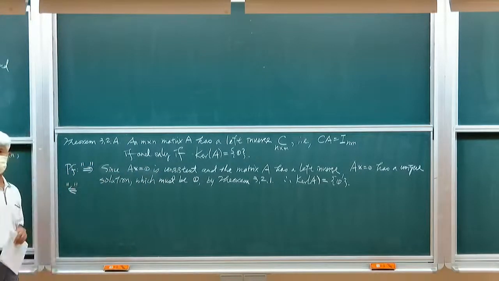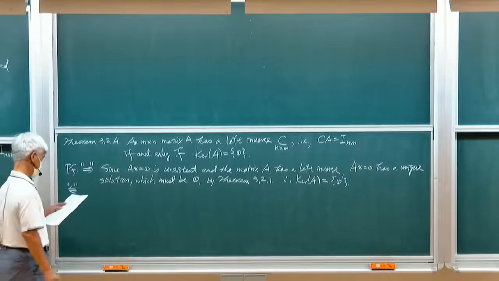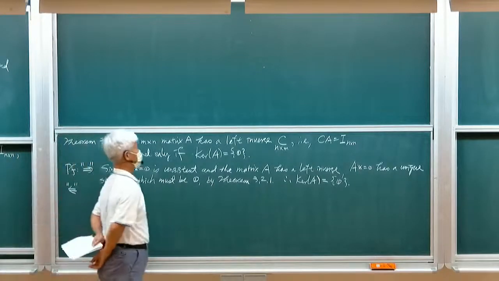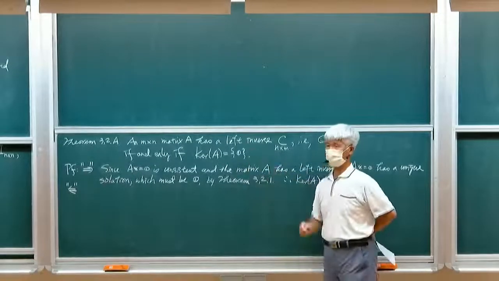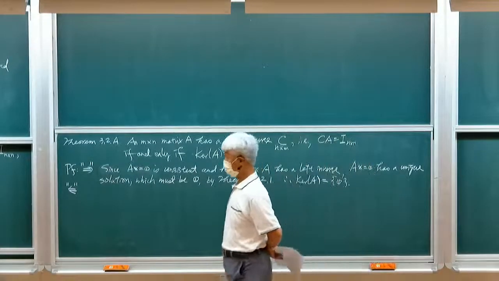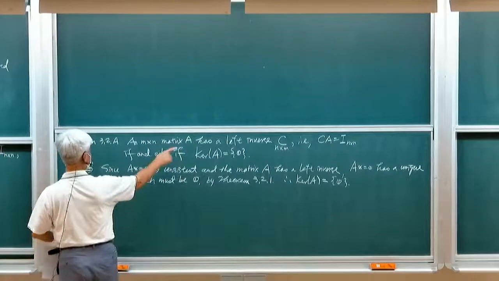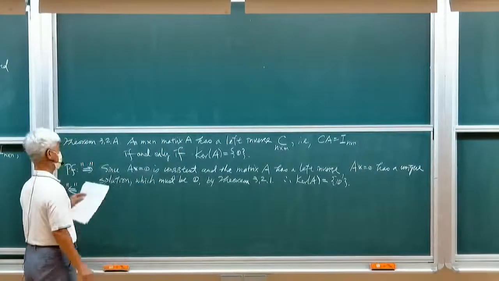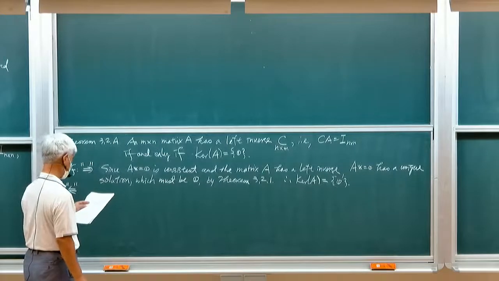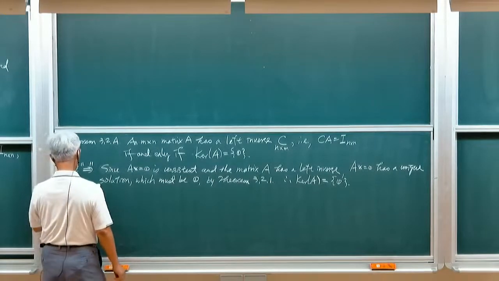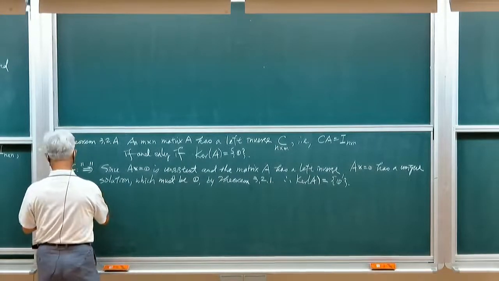Now the backward part. The backward part says that the kernel of A is trivial, and we want to show that A has a left inverse.